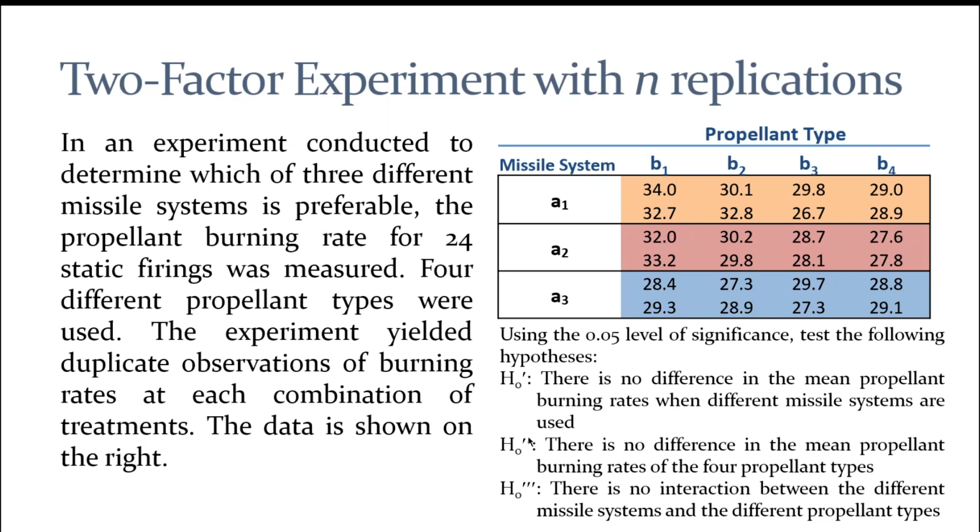Yung H naught double prime is there is no difference in the mean propellant burning rates of the four propellant types. So parang we are saying na factor B, which is propellant type, has no significant effect on the mean propellant burning rate. Tapos yung third natin, we call this as H naught triple prime, na there is no interaction between the different missile systems and different propellant types.